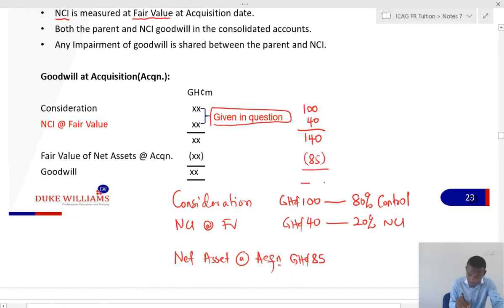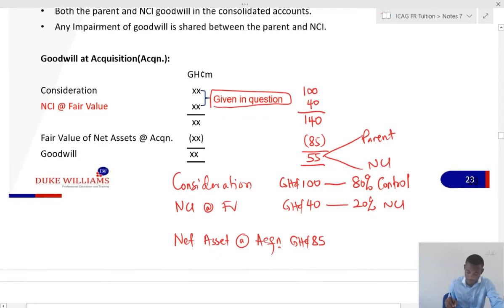Then we have a goodwill. Let's see, 140 minus 85. That gives us 55. And this goodwill is for the parent and the NCI.